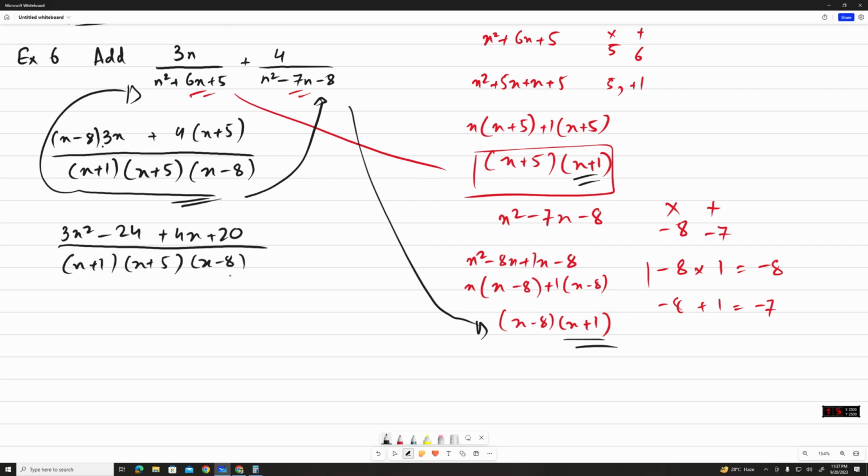We have to simplify this polynomial, so it's going to be (x plus 1)(x plus 5)(x minus 8), and if we do the addition, it's going to be 3x squared minus 4.